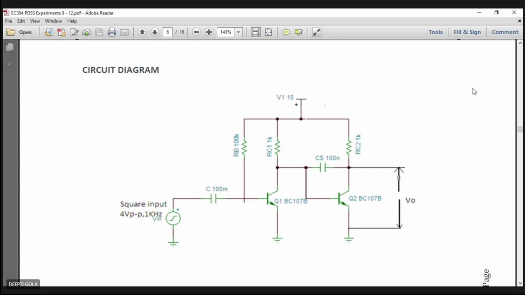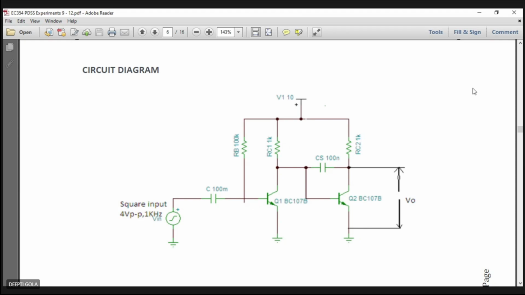Now let us apply some pulse, or some negative polarity, at the input of Q1. This Q1 will go off.